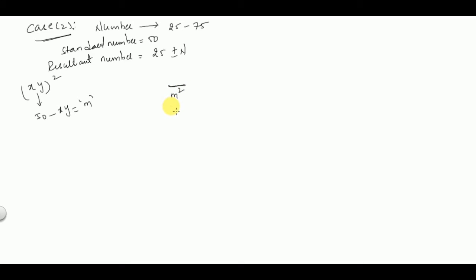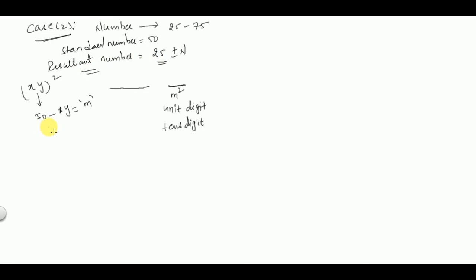So the unit digit and tens digit will be replaced with m square, the square of the number obtained from taking the difference of 50 with the given number. And the remaining digits are replaced by the resultant number, which is 25 plus or minus m.